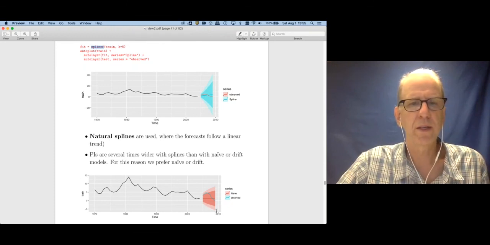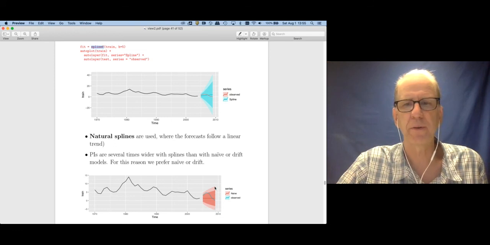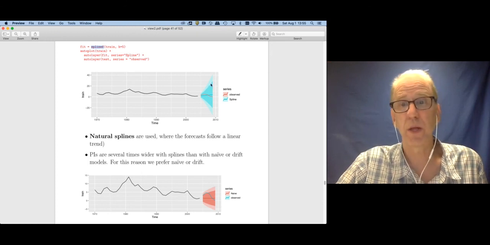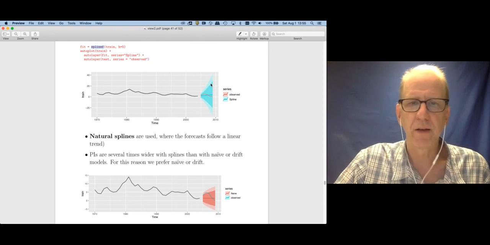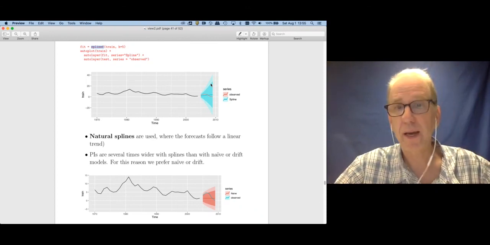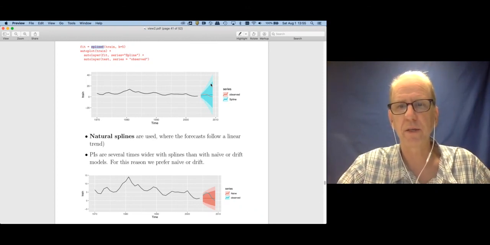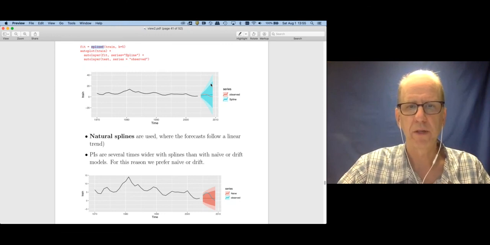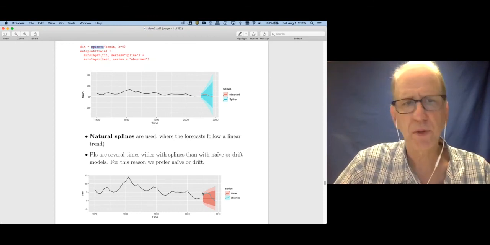So when I look at the 95% prediction intervals, they range from about -5 to maybe +8 or 9, 7 or 8, whereas the prediction intervals for the spline were much wider. So ordinarily I love splines, but here would be a case where I would say the naive method is preferred over the spline method because the prediction intervals are tighter. Okay, so that's it for the regression module.